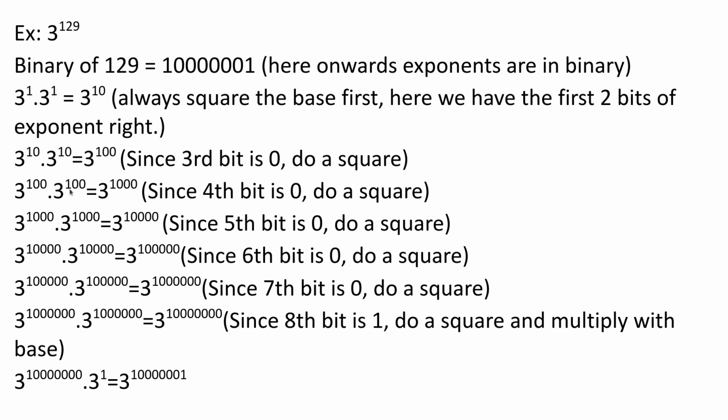This is squared again, and you do that for the first 7 steps. After the first 7 steps, the 8th bit is 1. So there you first do a square, you get 1 and all zeros, but since the 8th bit is 1, you do another multiply step, where this result is multiplied by the base, and then you get the result. So in 8 steps, we have got the exponentiation of 3 raised to 129.